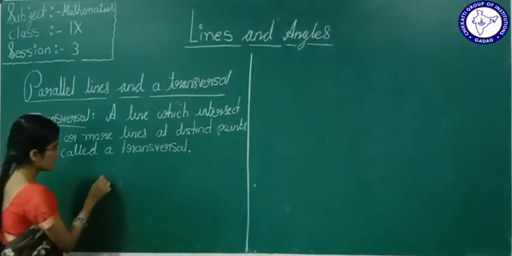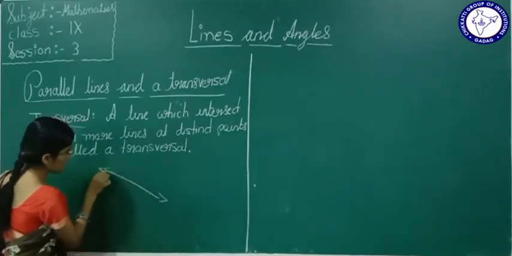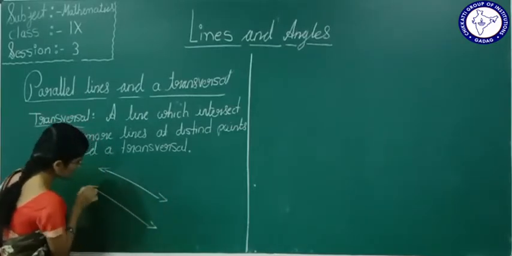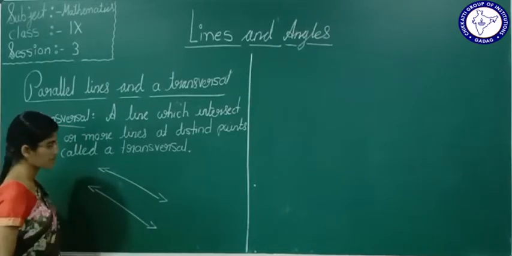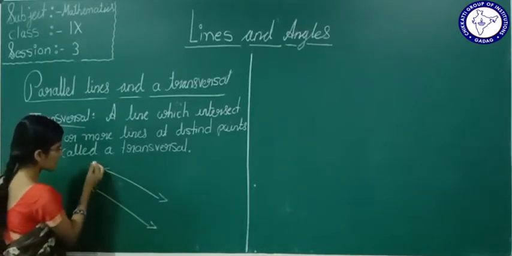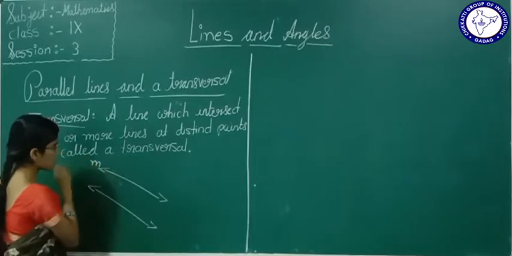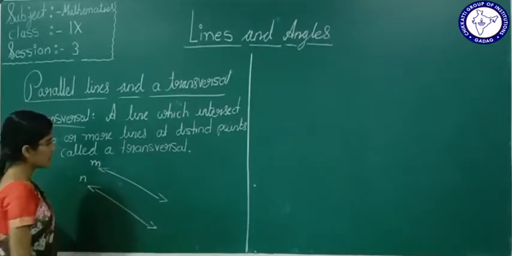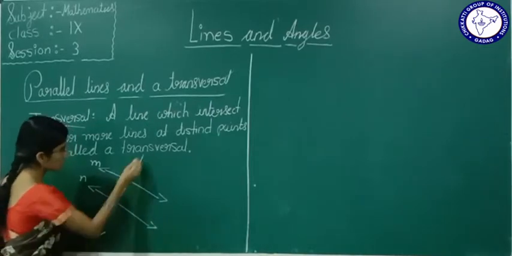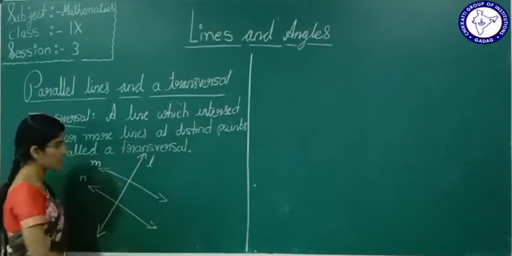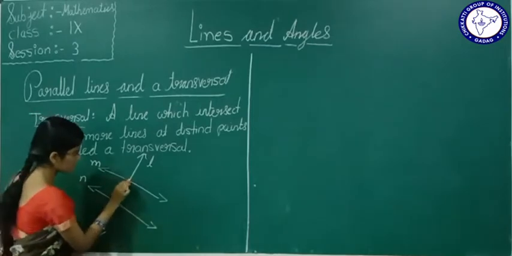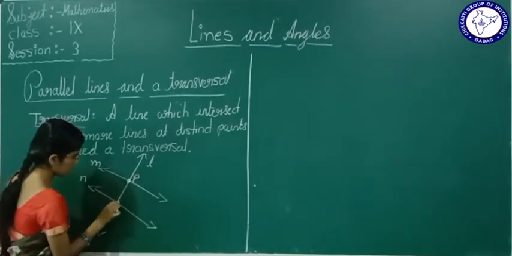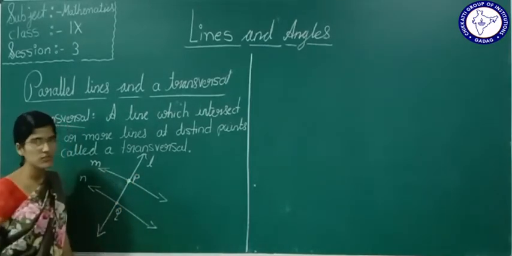See here, if I take two lines, these are the two lines. I will call this line M. M is a line and N is a line here. I am telling that here line L is a transversal.